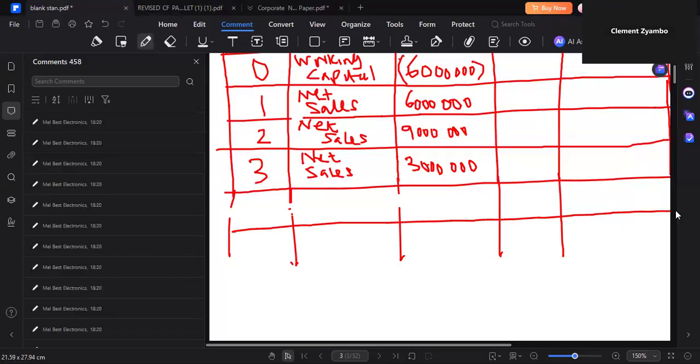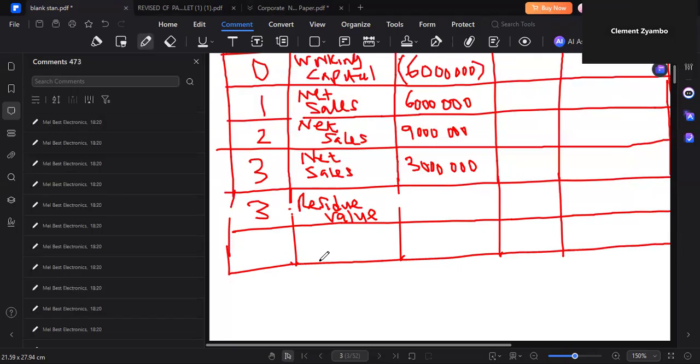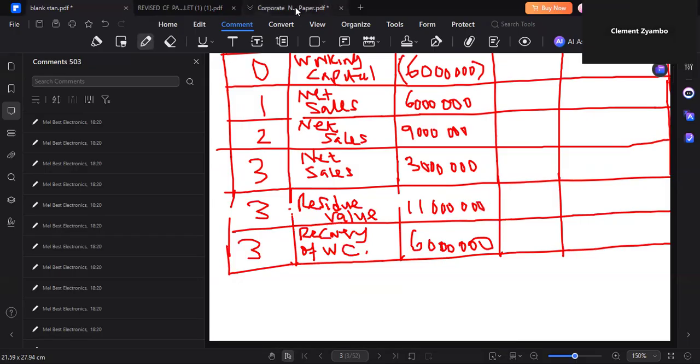So here year three, we have residual value. Again, on year three, we have recovery of working capital of 6 million. Residual value was 11 million from the question here.